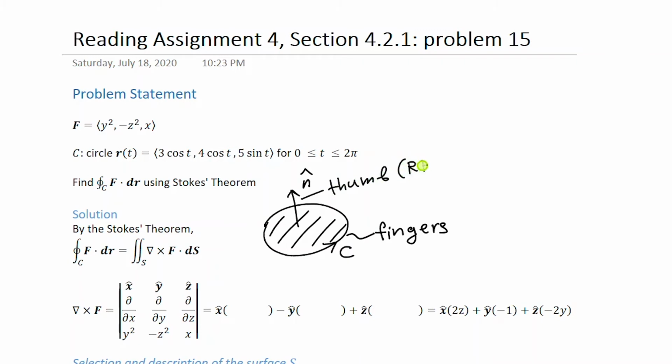So all of these are right-hand thumb and right-hand fingers. And this is the surface S. Now, there are infinitely many surfaces that can be enclosed by contour C that are oriented like this. But generally, you should be using the surface that's the most convenient for you.